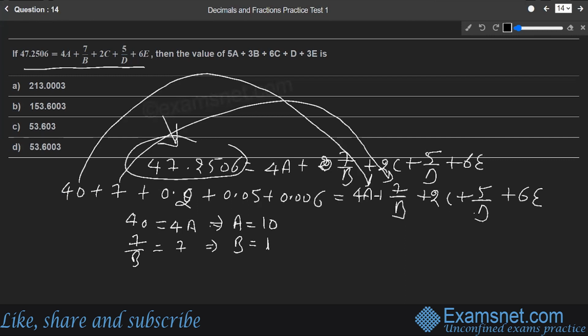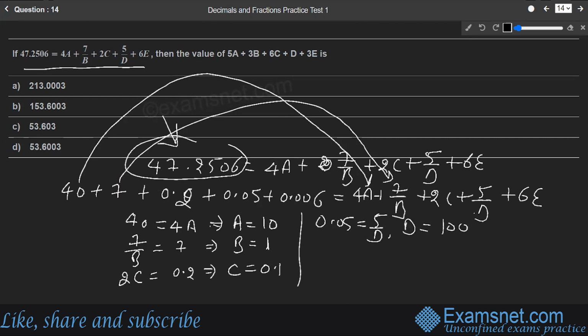Then the next term to be compared is 2c is equal to 0.2, which will give the c value as 0.1. Similarly, the value 0.05 is equal to 5 by d, which will ultimately give d value as 100. Then the last term 0.006 is equal to 6e, which will give us the e value as 0.001.